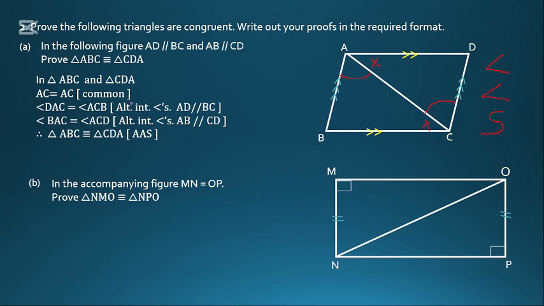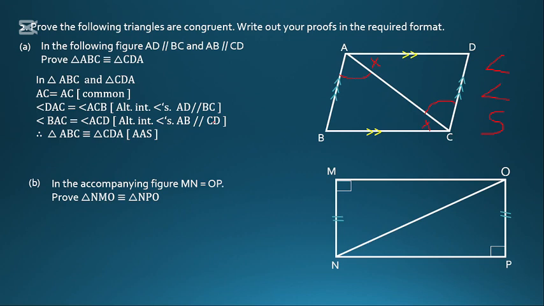Then number 2: angle DAC, this one, is equal to angle ACB. The reason: alternate interior angles, because AD is parallel to BC.